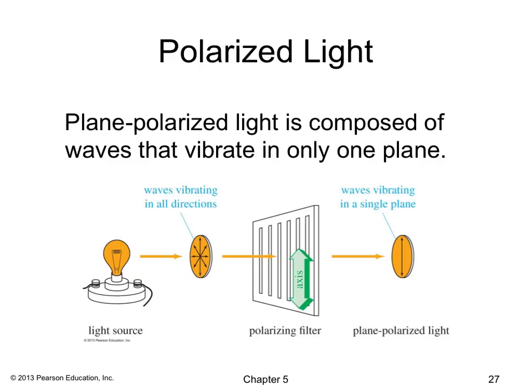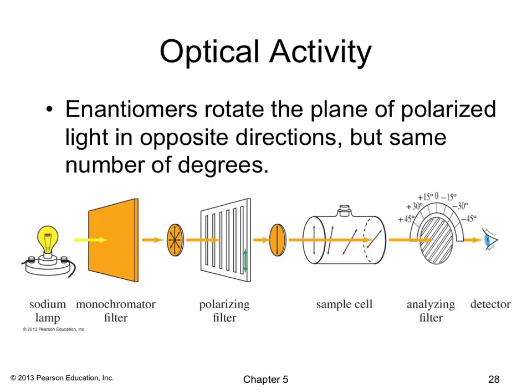So polarized light. Plane polarized light is composed of waves that vibrate only in a single plane. So if we take a light source, the light is always vibrating in all different directions. If you put it through a polarizer, it'll generate plane polarized light, so it's only generating waves that are vibrating in a single plane.